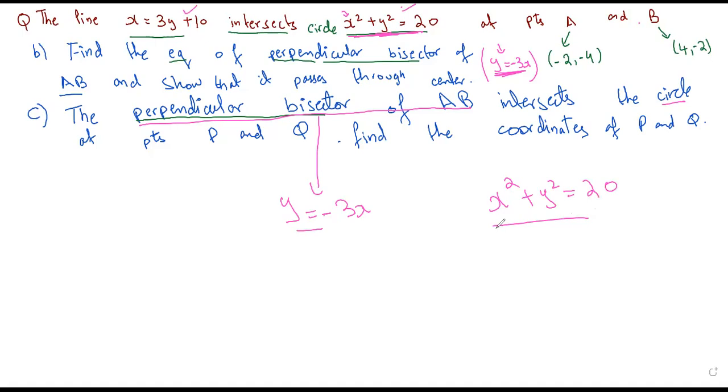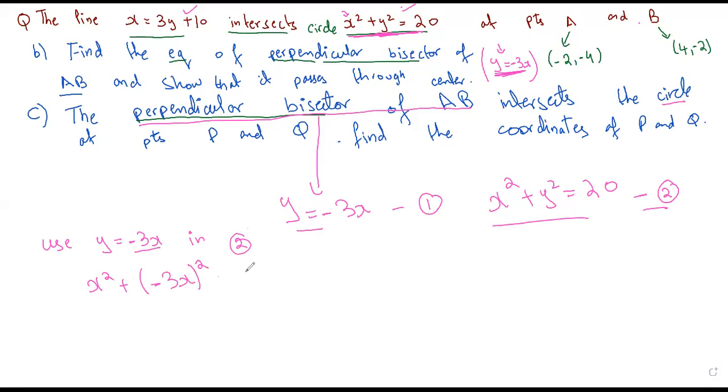Okay, so we are going to do it this way. So we need to solve these equations simultaneously. This is the first equation. This is the second equation. How do we solve equations simultaneously? We can use y equals minus 3x in 2, right? This is 2. So 2 is x square plus y square equals 20. Instead of y square, I can write down the value of y, that is minus 3x, and then its square.